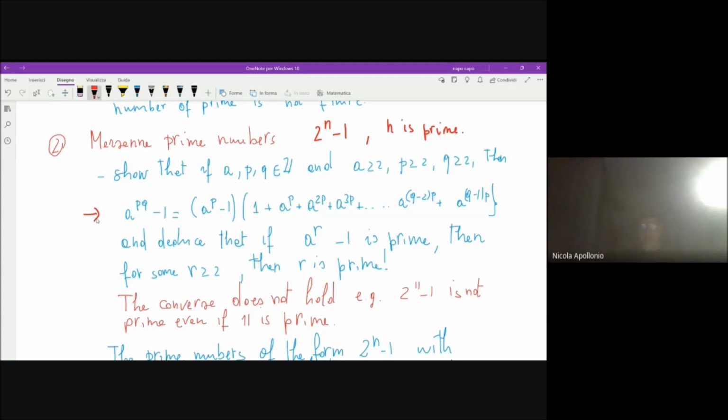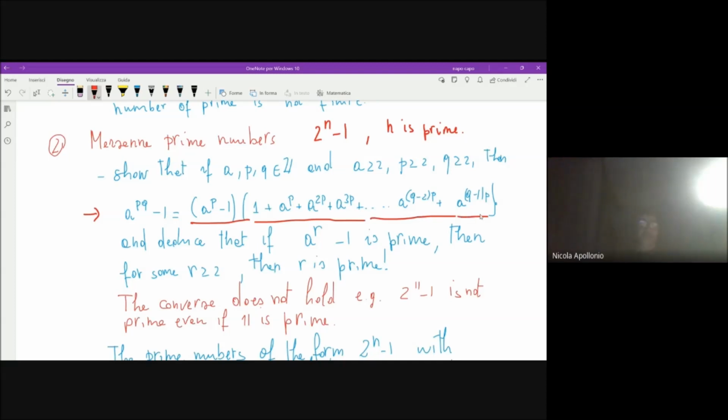So the identity says that if you pick a base number a, an integer at least 2, and you raise it to the power of p times q, where p and q are both integers at least 2, and you subtract 1, then you have this identity.